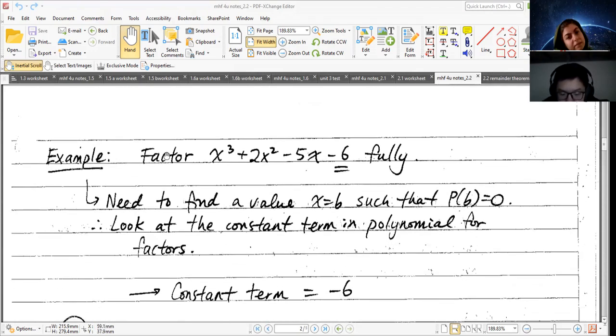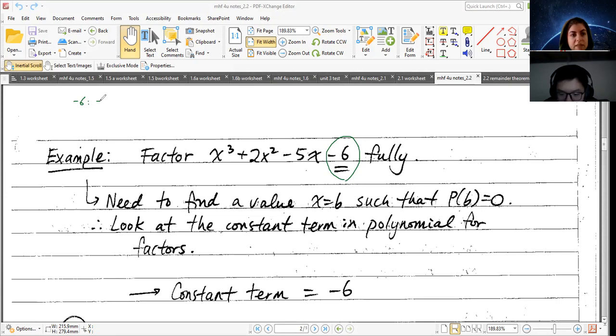So the next thing is to factor this: x^3 plus 2x^2 minus 5x minus 6. The first thing I need to do is guess a factor. You have to look at the constant. This is the first step. The constant is negative 6. I need to write all factors of negative 6.